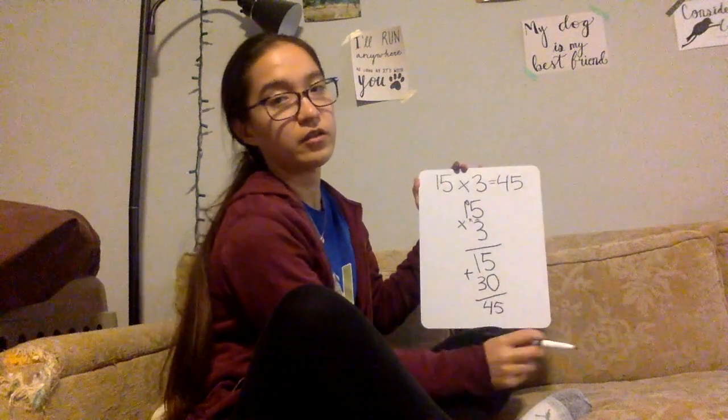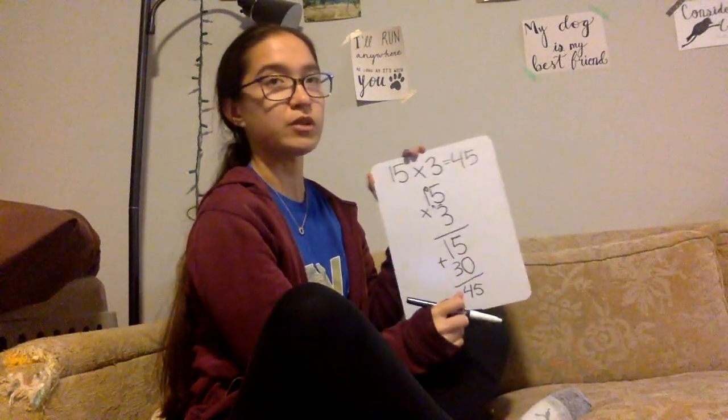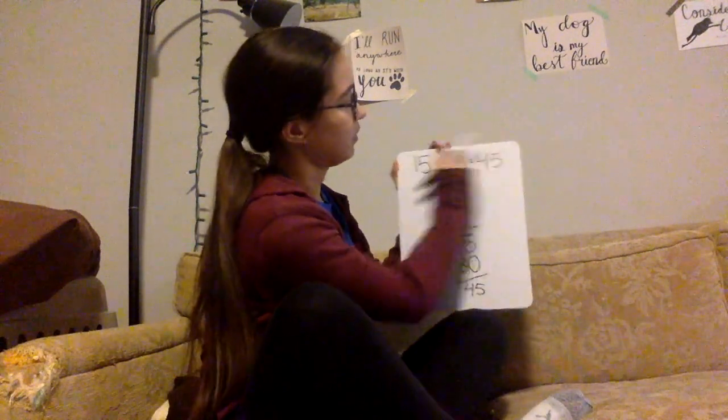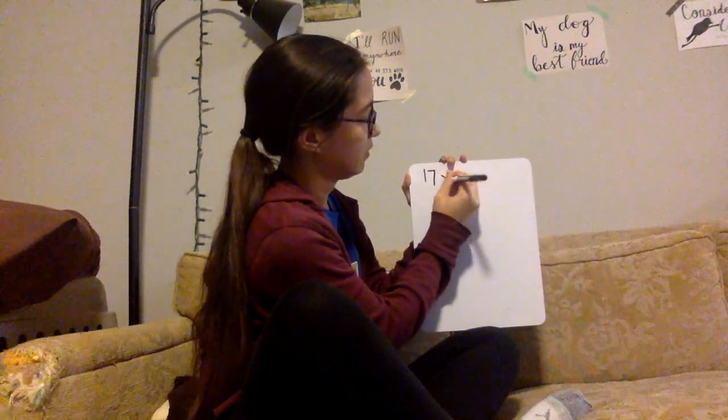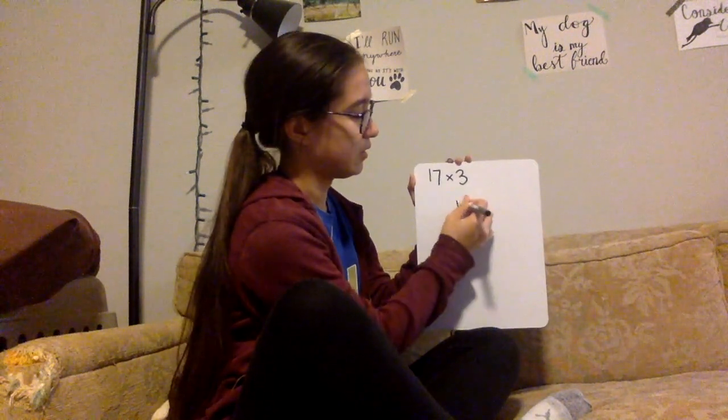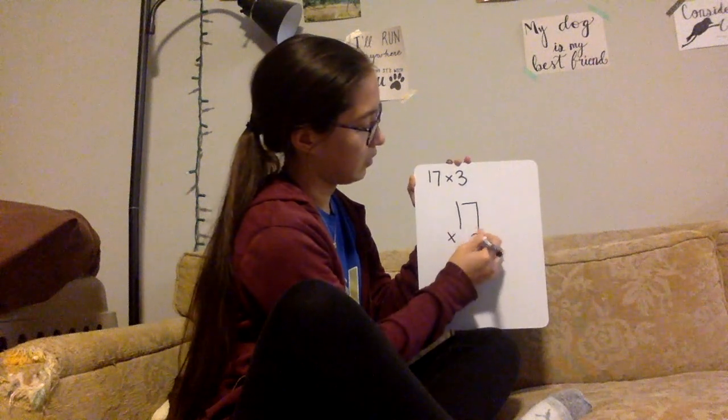Okay, let's try that strategy one more time, all together. I'm going to erase my board. And I'm going to write 17 times 3. Okay, remember, I cannot do partial products if it's written horizontally, so I'm going to have to write them up and down or vertically. So I have 17 times 3.